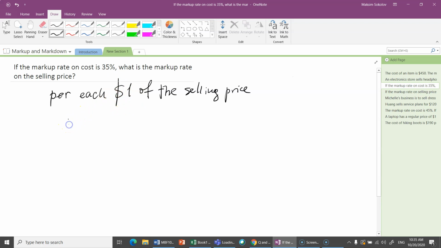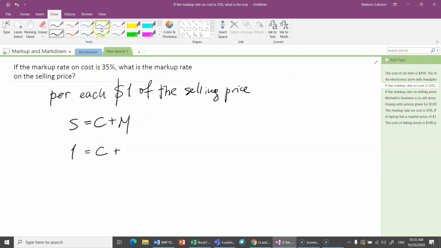Again, the formula is the same, which is selling price is cost plus markup. And now we have $1 of the selling price. Then we don't know yet the cost for that $1. So we'll write it as C plus markup.